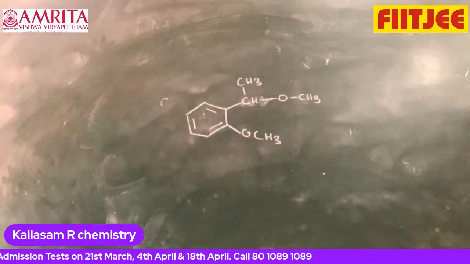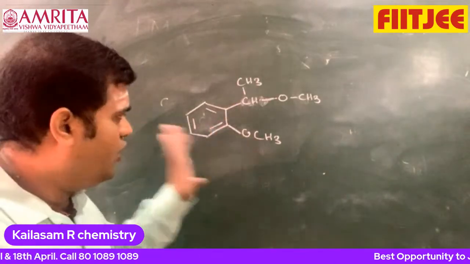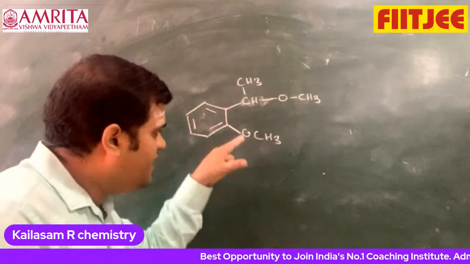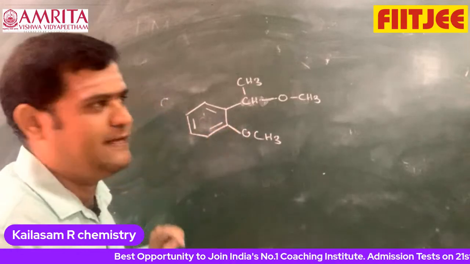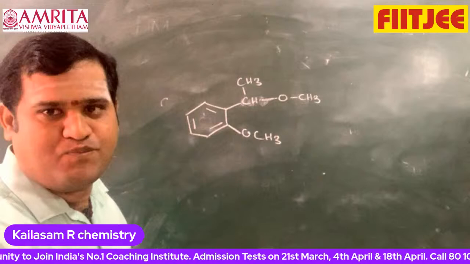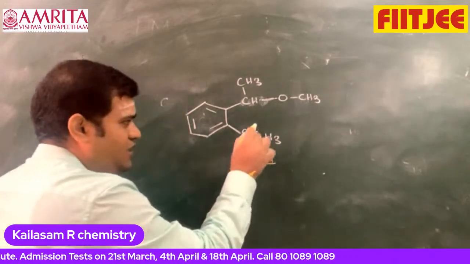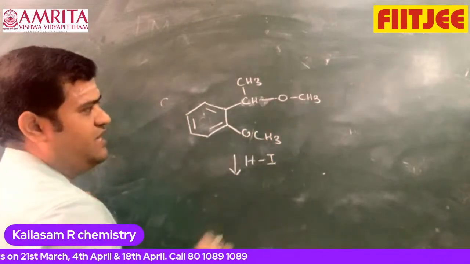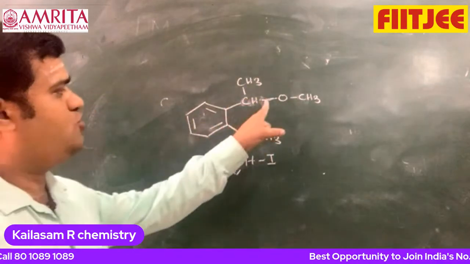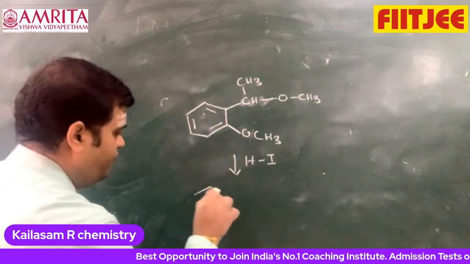This is what they asked in the exam. Now what I am trying to say is how the reaction is going to take place. This part, you cannot break this bond easily. So in this case, when I use HI, obviously here the bond is going to break. In this case, please understand the stable carbocation. When I break this bond, it produces a stable carbocation. So I'm going to get the compound, look at this.